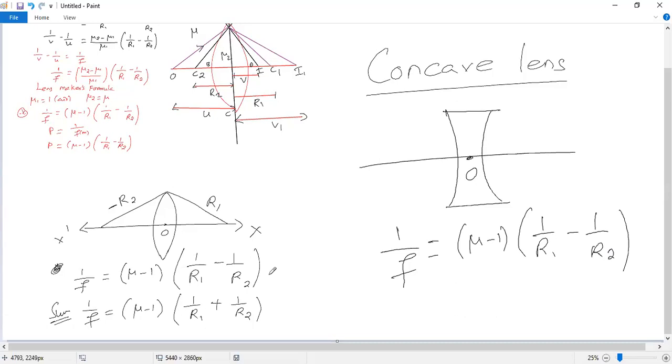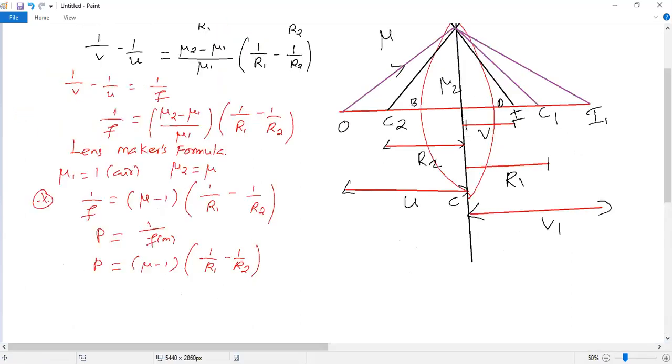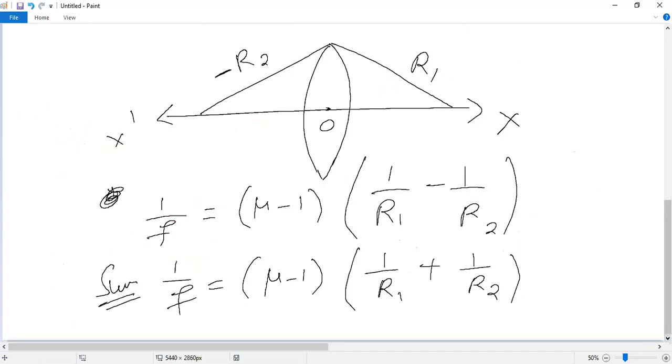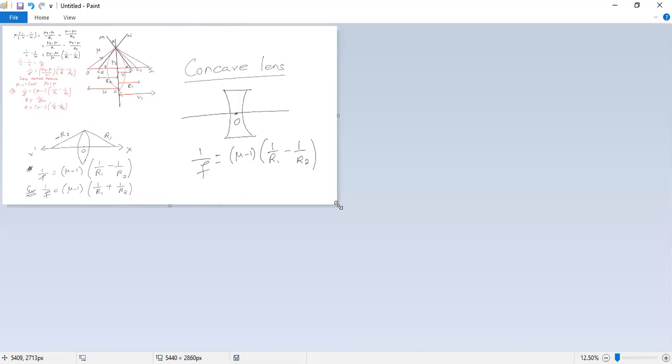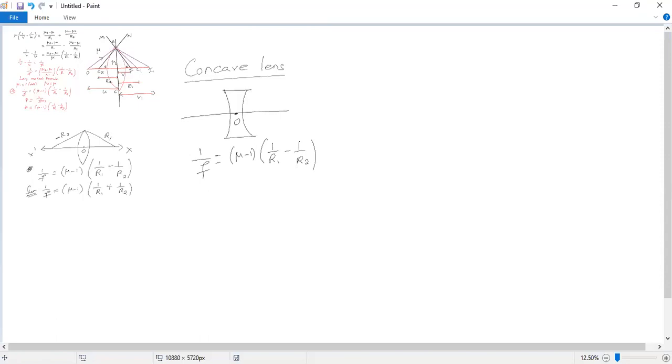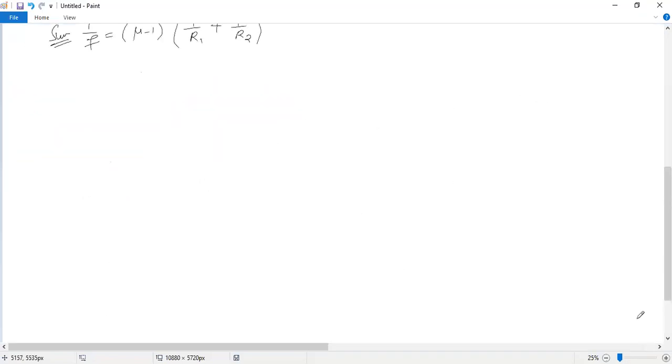In case they say plano convex lens, plano convex lens means only one side is convex. The other side is a plane surface.